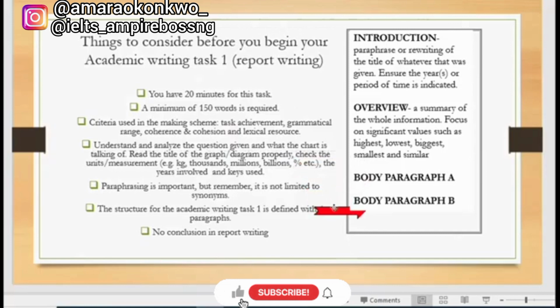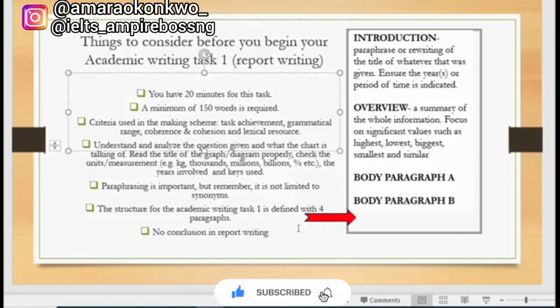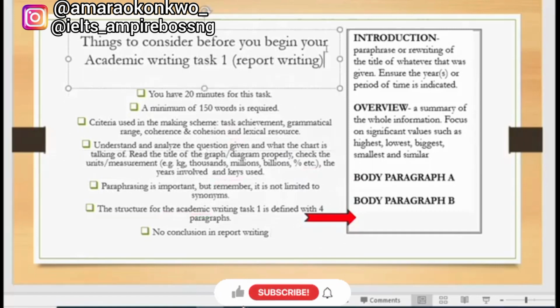It's not just about hurrying up to start writing because you just have 20 minutes. I tell you, it's better you dedicate 3 to 5 minutes to understanding the question before you start writing. So once you understand the question, go on to make your plan, more like have an idea of the key features that you want to talk about from the information that you're seeing on the graph or diagram.